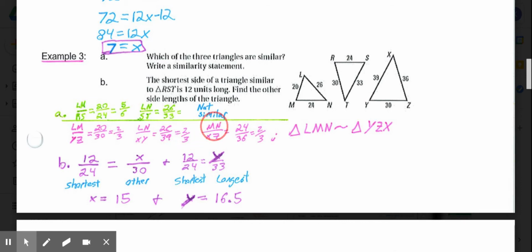And then our remaining sides, MN over XZ, 24 over 36, both can be divided by 12, simplifies to 2/3. So in this case, all the sides are the same ratio, the same proportion, so we know triangle LMN is similar to triangle YZX.